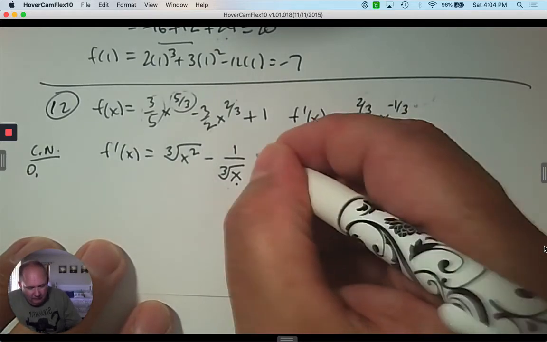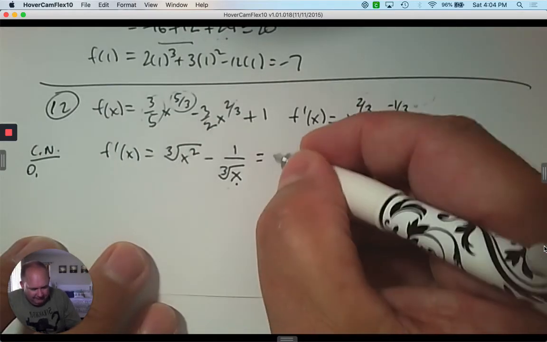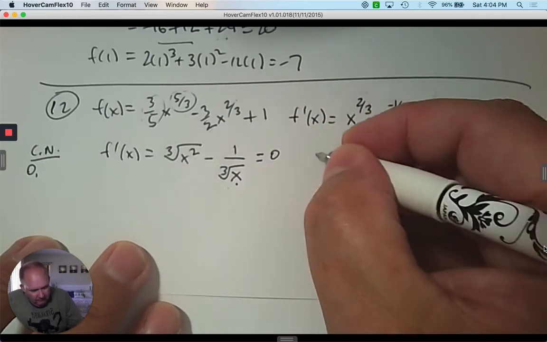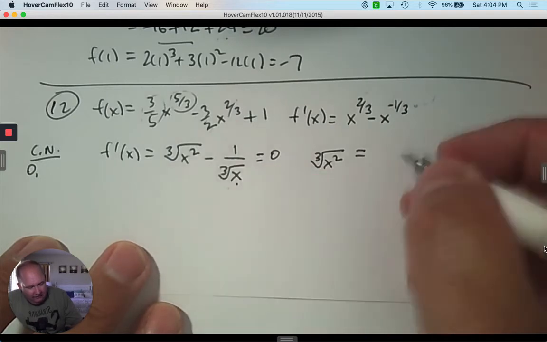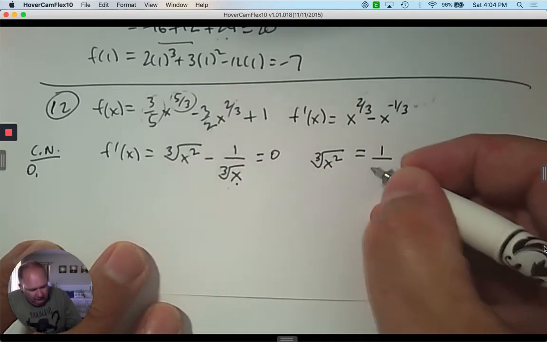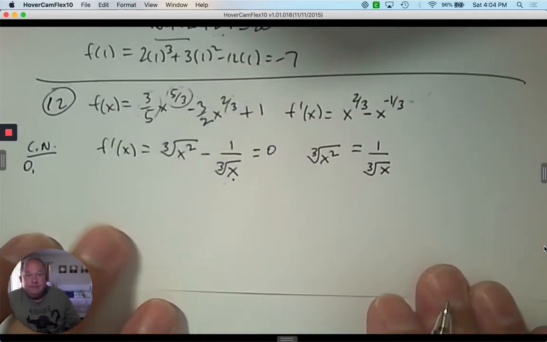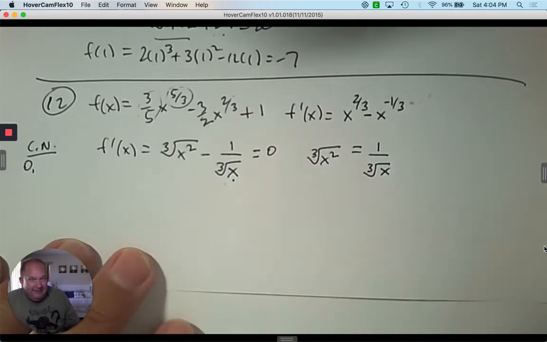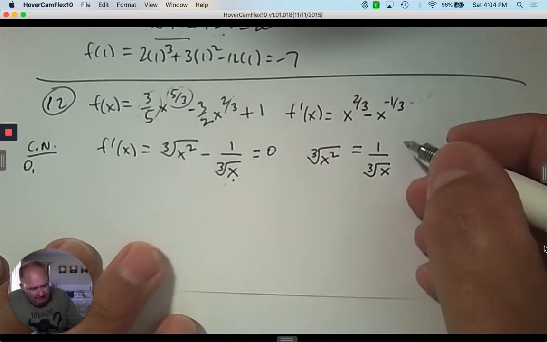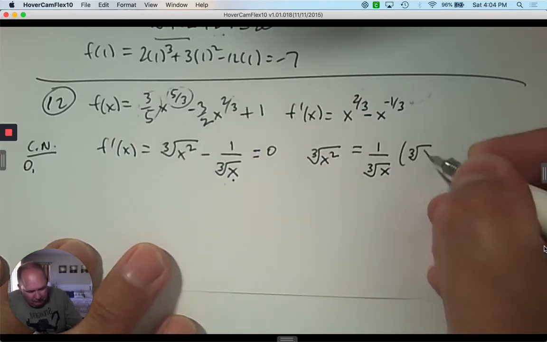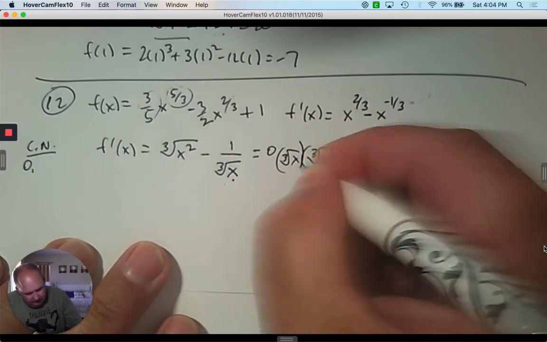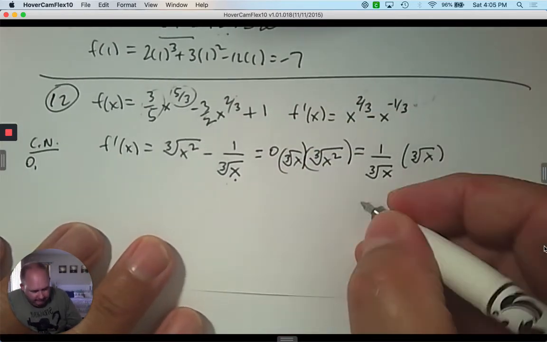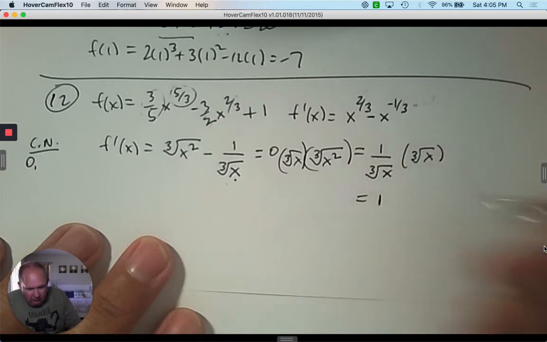Next, I'm going to make it equal to 0 and solve it. So we have the cube root of x squared. I'm going to add to the other side, so this fraction goes to the other side. And now I want to solve this. I know it looks a little complicated, but I'm going to multiply both sides by the cube root of x. Now, by doing that, it's equal to 1 over here.